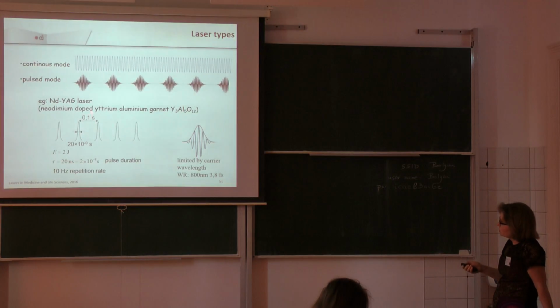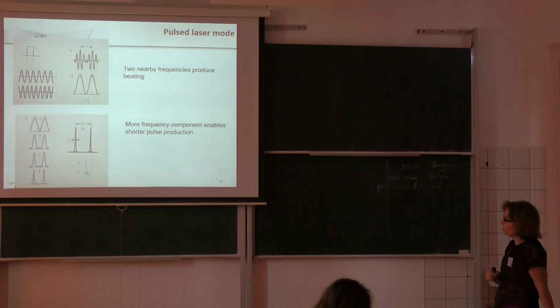In one burst, we can have as high as 2 joules of energy, and as I said, this type of laser is shooting tens of times in each second. So these are the main characteristics that we use for a pulsed laser: the pulse energy, the pulse duration, and how frequently the light bursts are coming.